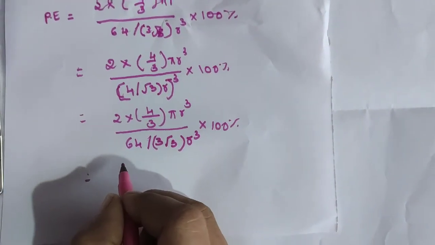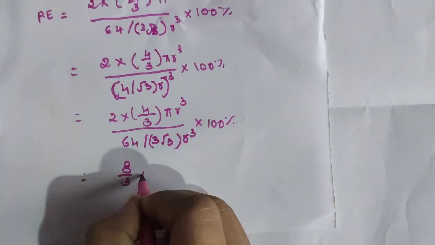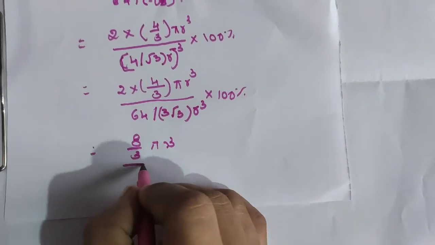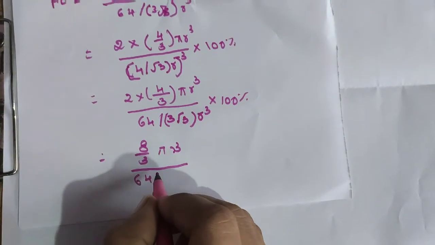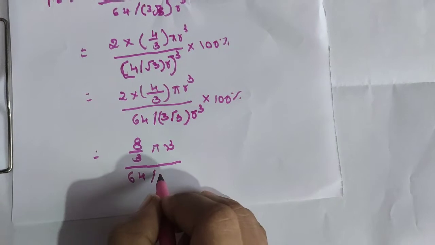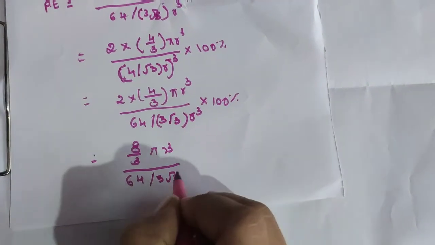What we will get here: 2 into 4, 8 by 3 pi r cube divided by 64 by 3 root 3.